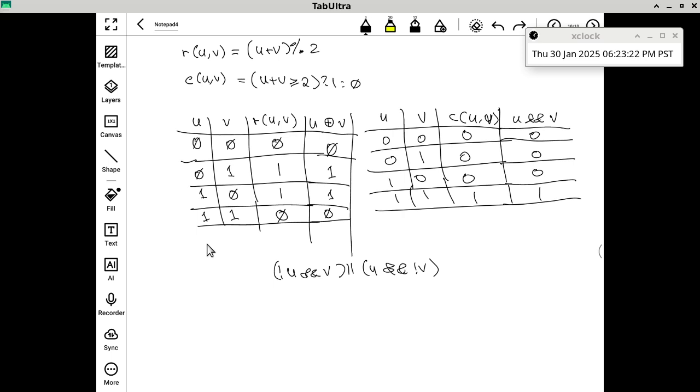The whole point is to boil everything down to logical NOT, logical AND, and logical OR. Why am I trying to boil everything down to just logical operations?